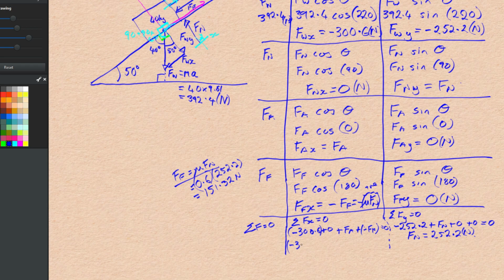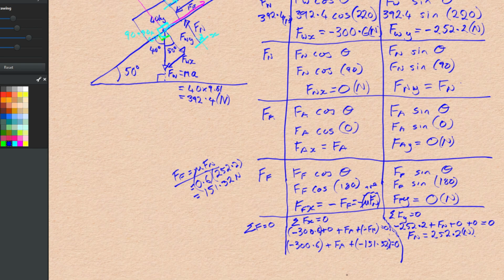Minus 300.6 plus Fa minus, well, plus minus, because it's negative and our friction force is over here, 151.32 equals 0.